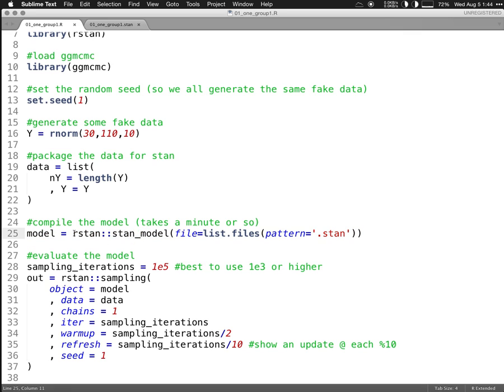So this is a complicated line, but what's happening is that it's going to run the RStan function stan_model. Whenever you see this colon syntax, that's me being a little bit non-standard for R, but more explicit. I could have done just stan_model, and R knows that the only package that refers to a function called stan_model is RStan.